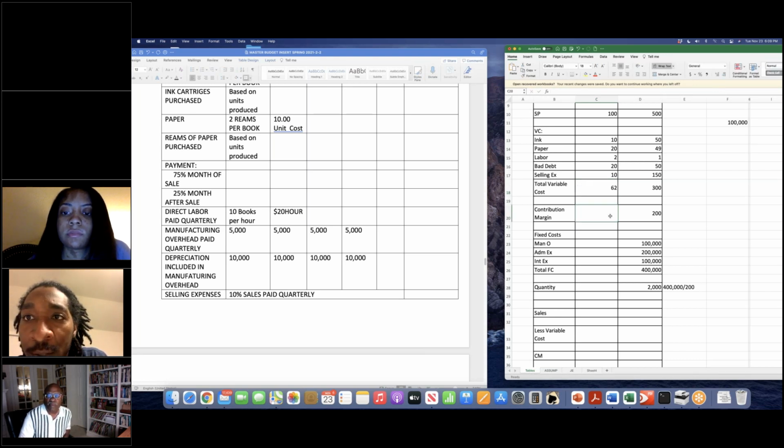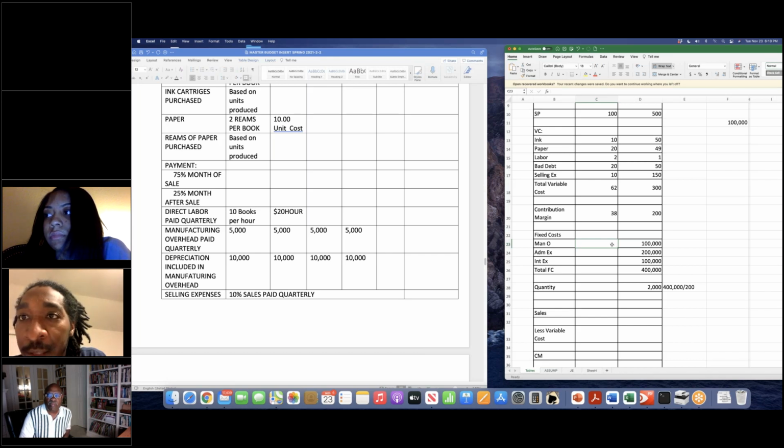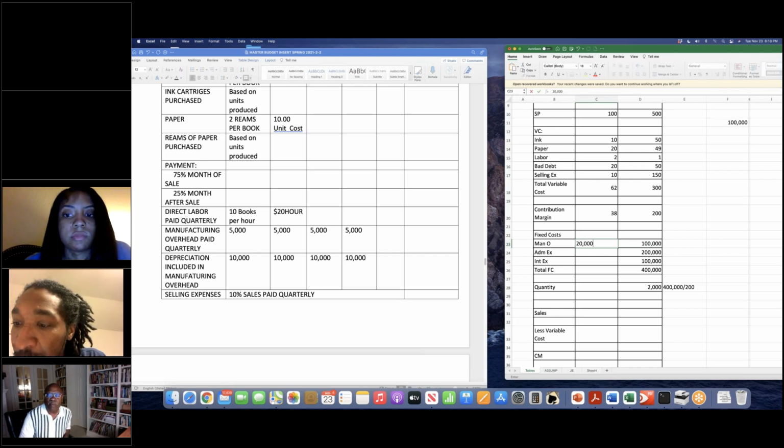From there we go to the contribution margin. 38 was the contribution margin. We took the selling price 100 minus the total variable of 62 and got 38. Manufacturing overhead was 20,000. Administration expense was 40,000.